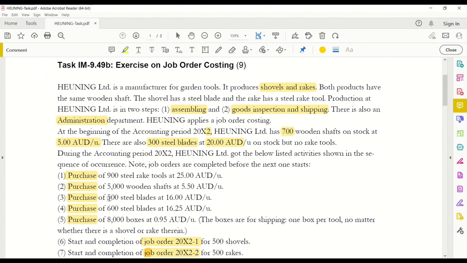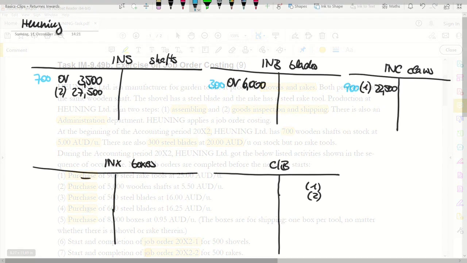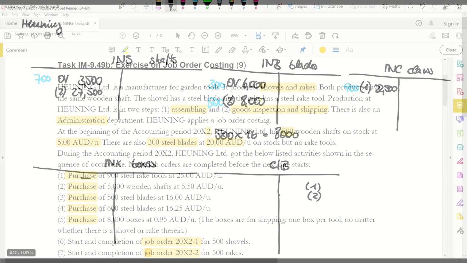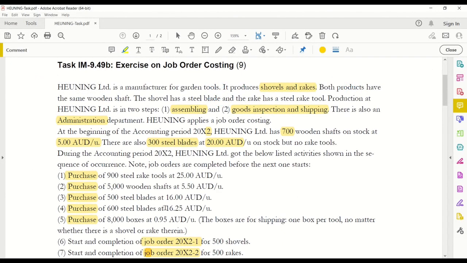Next step, we record the purchase of 500 steel blades at $16. I record 500 steel blades. It gives me 500 multiplied by 16. It's bookkeeping entry number 3, 8,000. Now we record a purchase of 600 steel blades at $16.25.